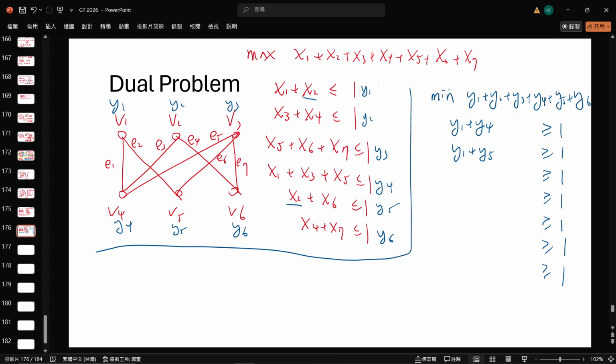Next, the coefficient of x3 in the weighted combination is y2 plus y4. So these are the endpoints of the third edge.